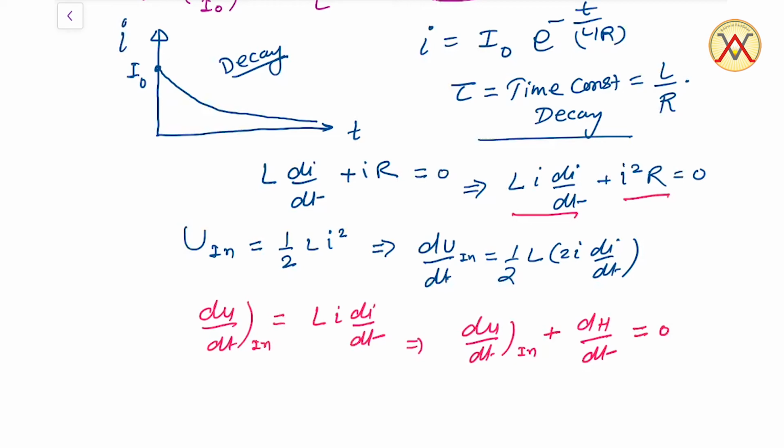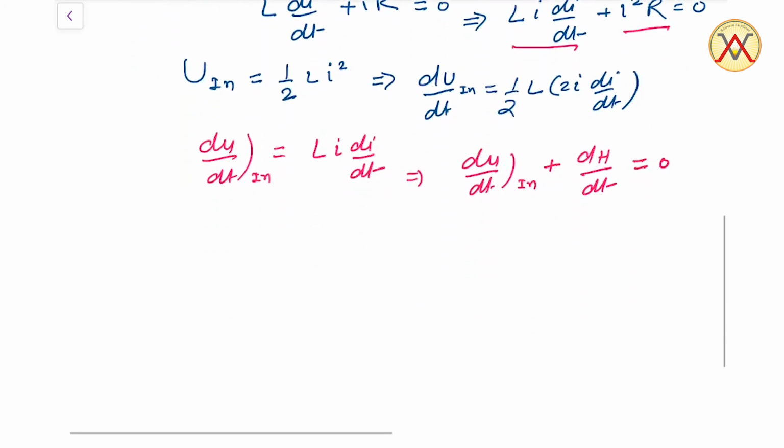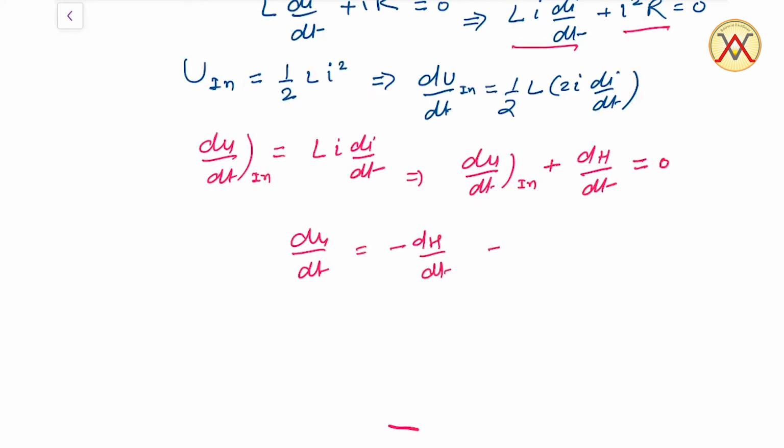Now we see that du by dt of the inductor equals minus dh by dt, which implies that dh equals minus du of the inductor, and hence on integration delta h equals minus delta u of the inductor.